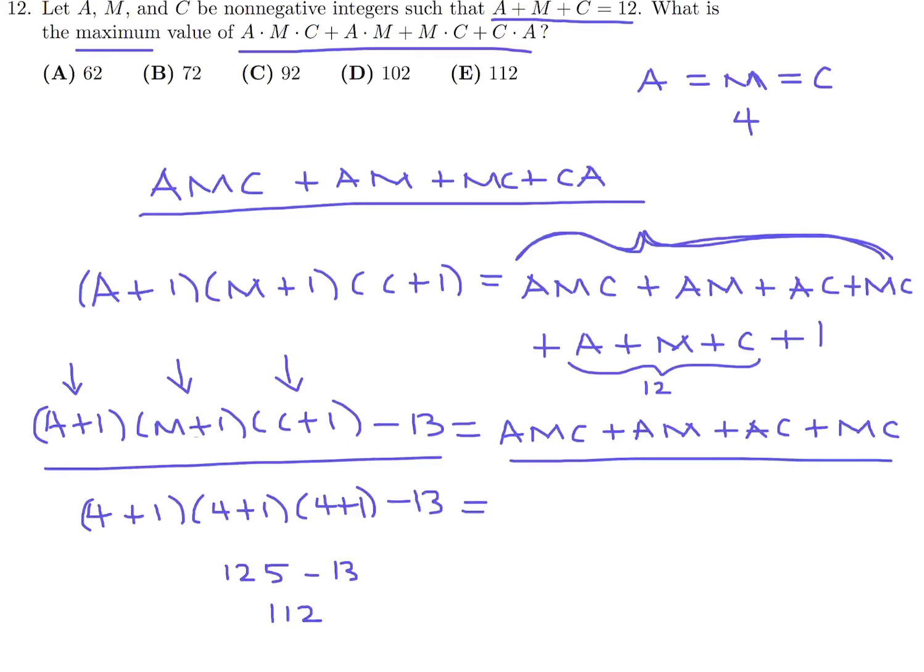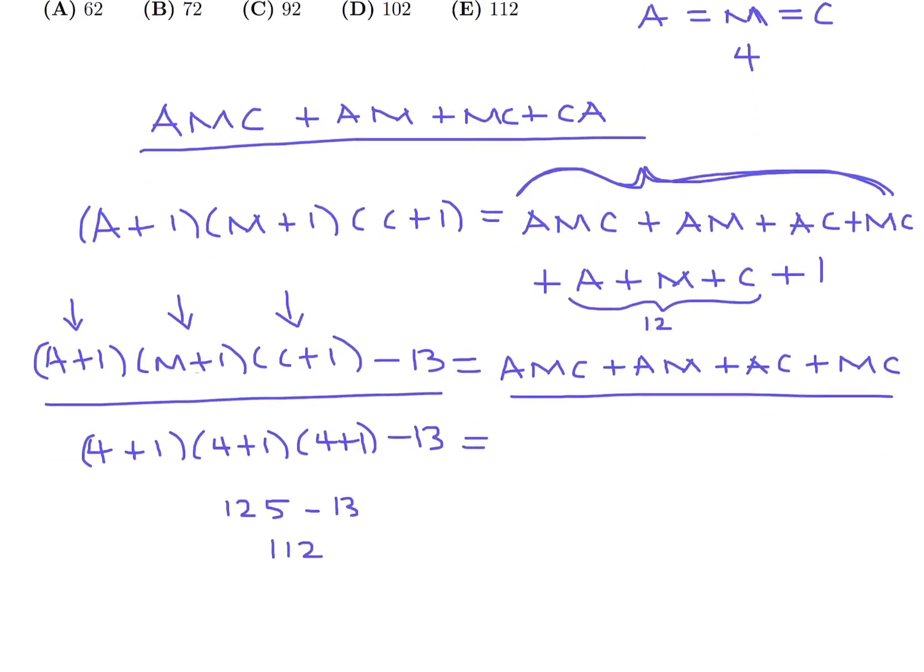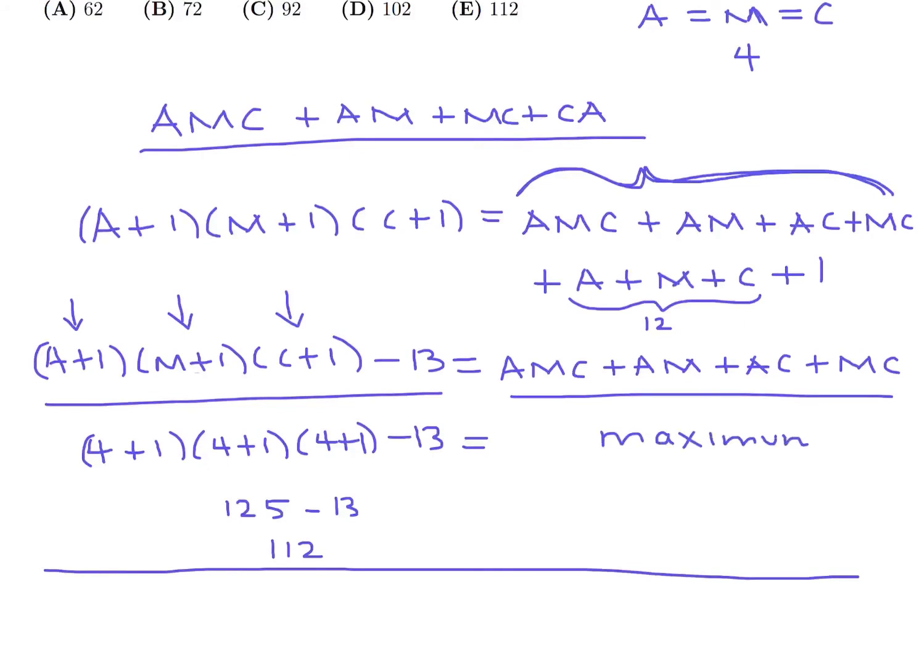Now, if you're not convinced, if you think, well, why is that a certainty that this is the maximum? How about if you use other combinations? For example, if you used 3 for a and 5 for m and 4. Well, let's try.